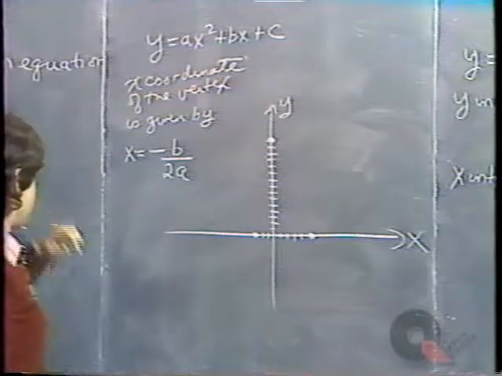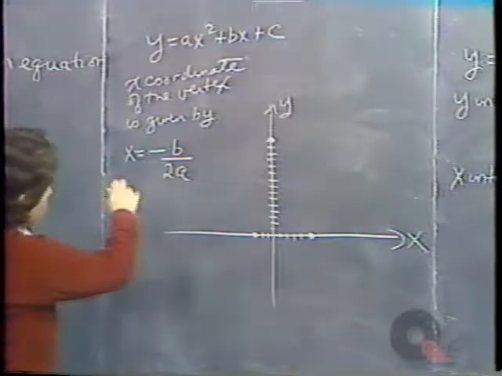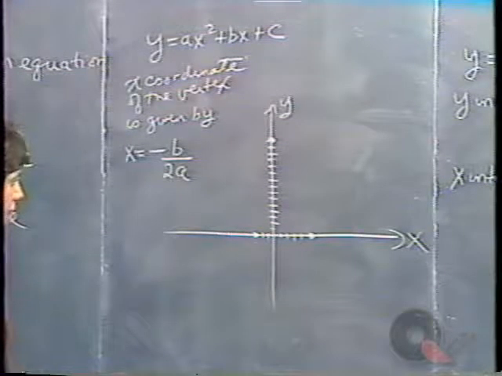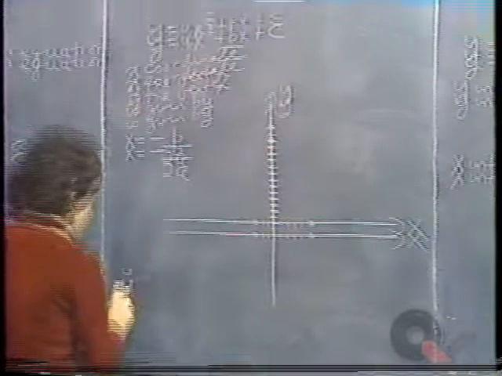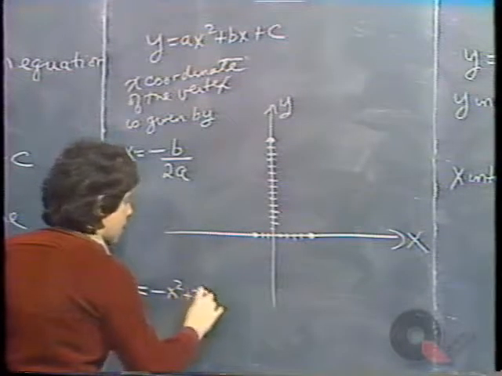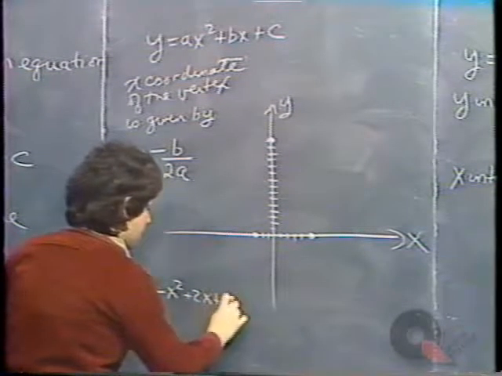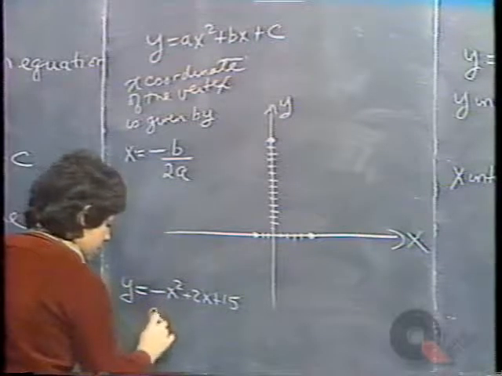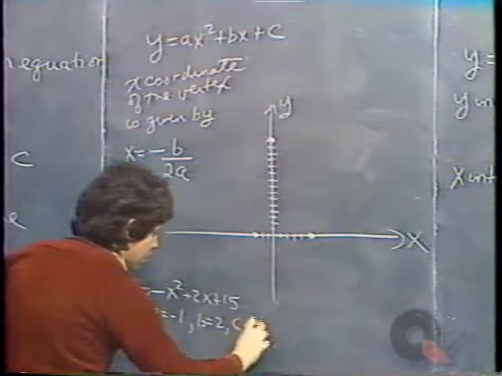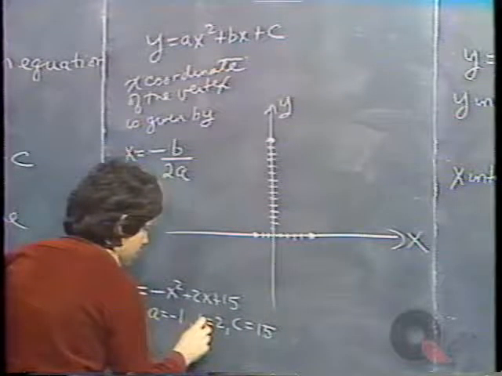Now, this would be a very useful point to have. If the x-coordinate is given by this, we could then find the y-coordinate by substitution. In our problem, we are working with the parabola y equals minus x squared plus 2x plus 15. So a is equal to minus 1, b equals 2, c equals 15.